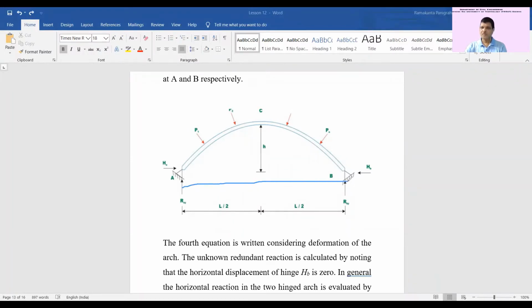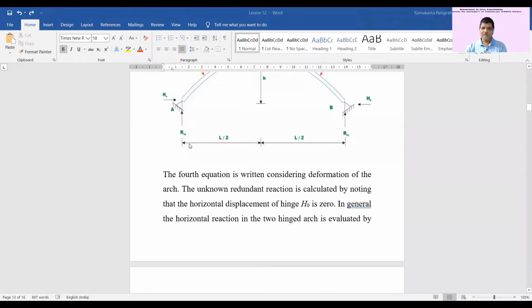The center to center distance of the supports is called the span of the arch, and the distance from the line joining the centers up to the top, the crown, is called the rise of this arch. You also know that from earlier. This terminology is required for solving the problems, and based on the span and rise, you can find the slopes and other things required for the calculation.